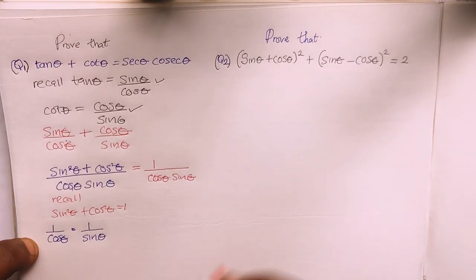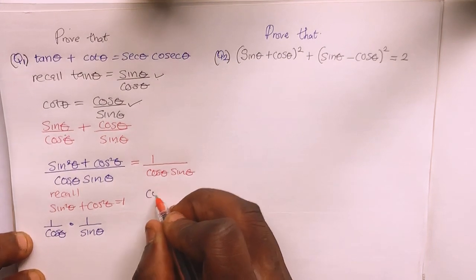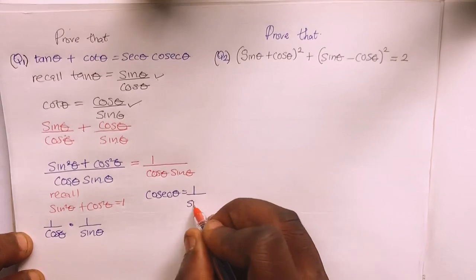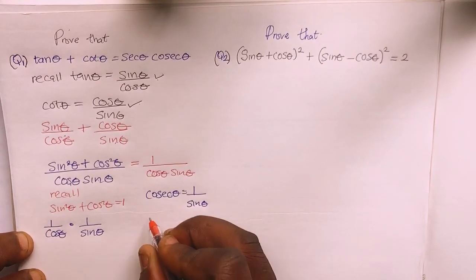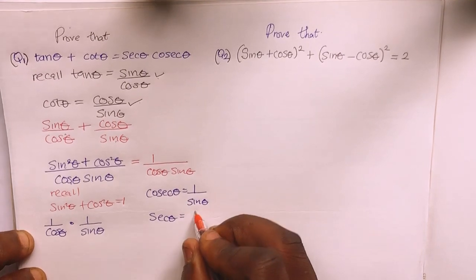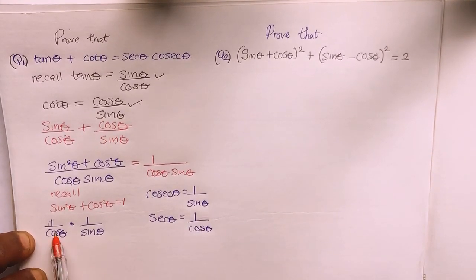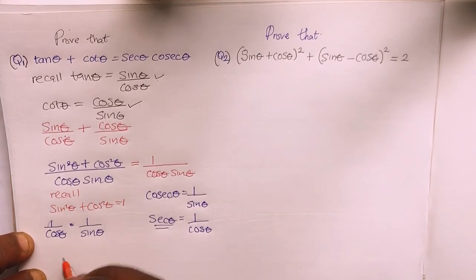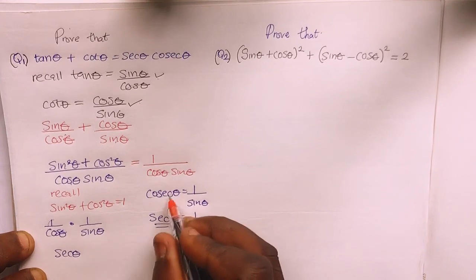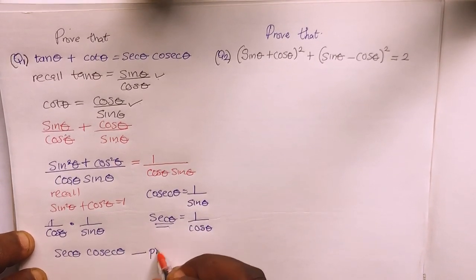Then recall from the basic identity that cosec theta is the same as writing 1 over sin theta, right? And also sec theta is the same thing as writing 1 over cos theta. So 1 over cos theta is sec theta, times 1 over sin theta is cosec theta. This is actually proved.